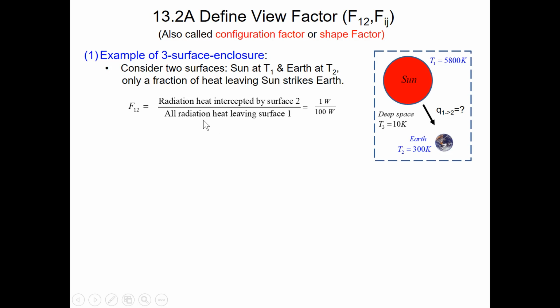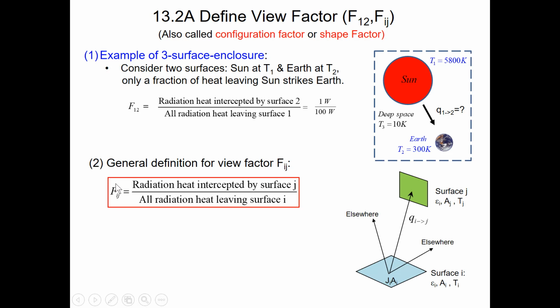If all radiation heat leaving surface 1 of the sun toward all directions is 100 watts, only 1 watt is received by surface 2 of the earth. The ratio between these two radiation heat rates is our view factor F between surface 1 and surface 2.